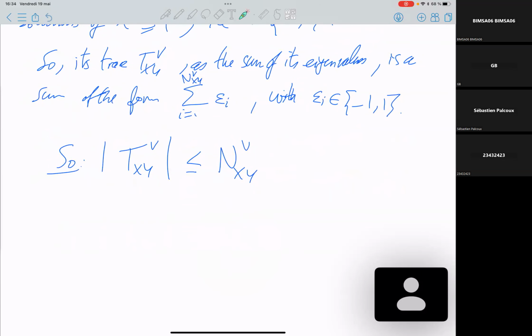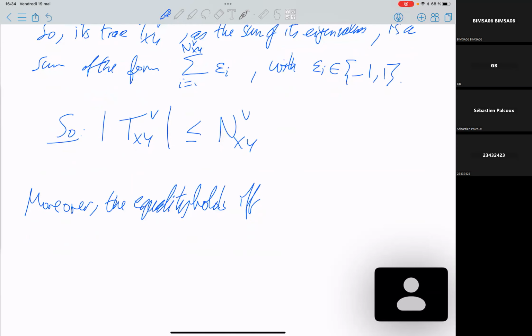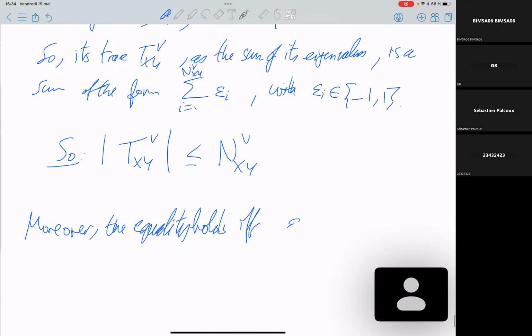So, in particular, its absolute value is less than N. And so, moreover, the equality holds if and only if epsilon_i equals 1 for all i. But in fact, wait. What I mean by equality.